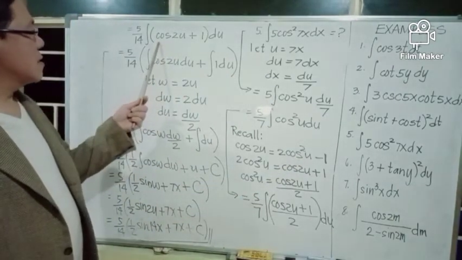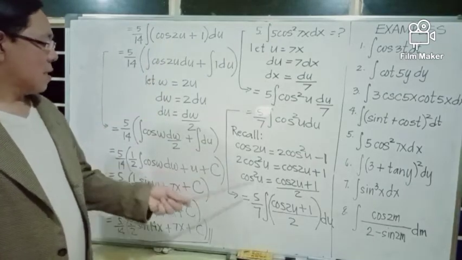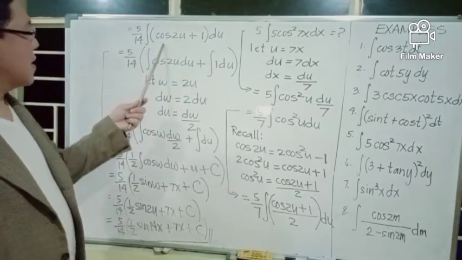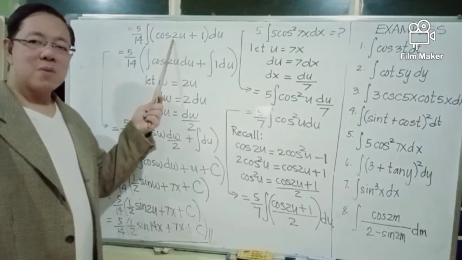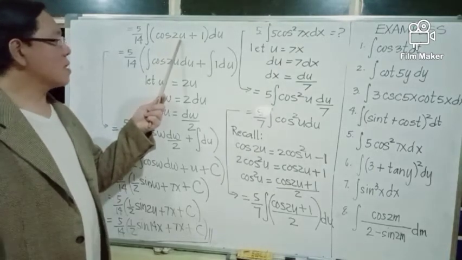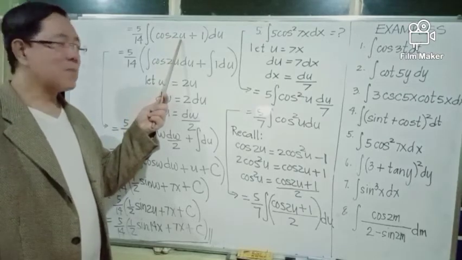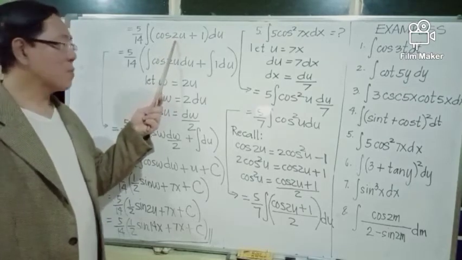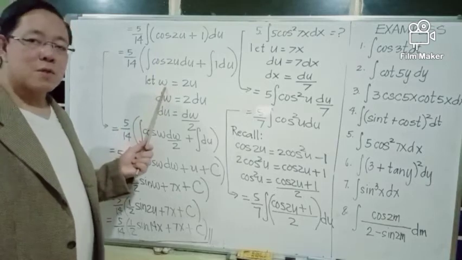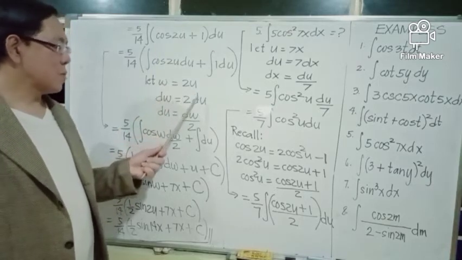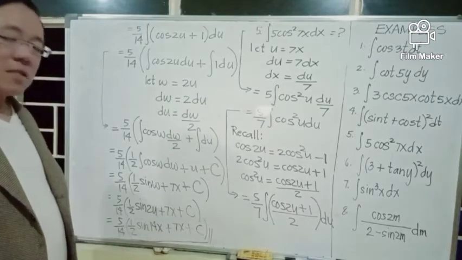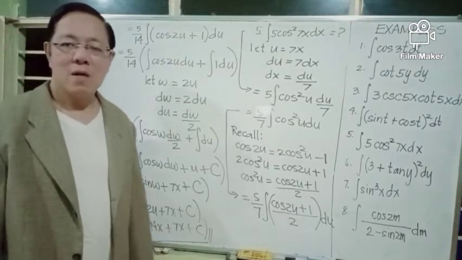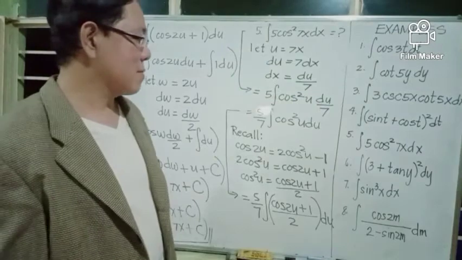After the substitution, we found that the first term involves a cosine of an angle that is not a single variable with coefficient of 1, so we made use of another substitution, w equals 2u. And in the final answer, the answer should be in terms of the original variable x.